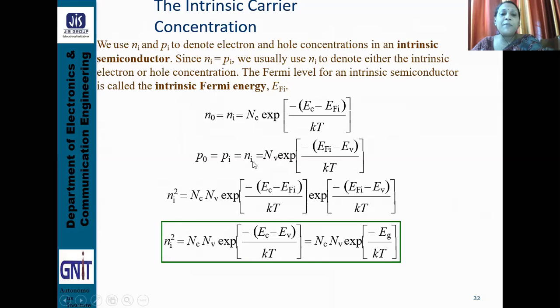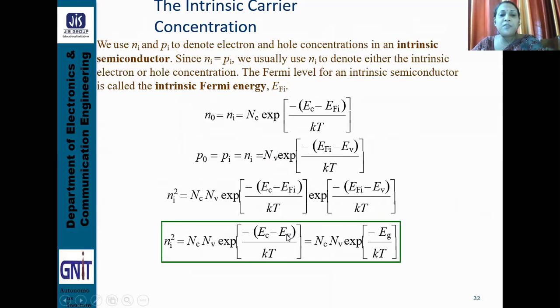So if we multiply these two, Ni into Ni, then we get Nc into Nv exponential. After subtraction, we get (Ec minus EFI) by kT into exponential (EFI minus EV) by kT. Now, after cancelling EFI, the resultant formula comes here, (Ec minus EV) by kT.